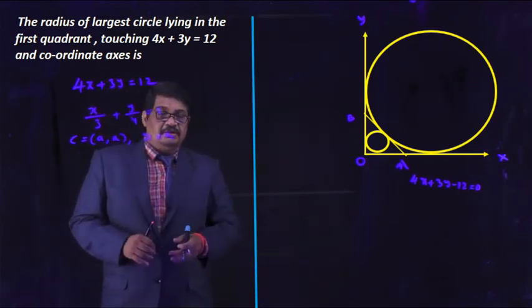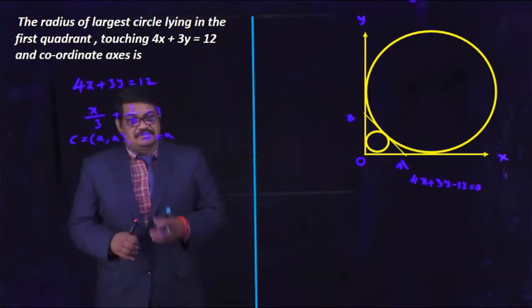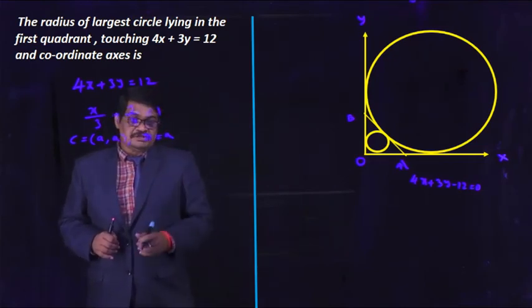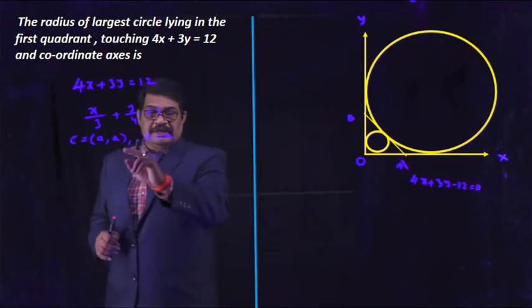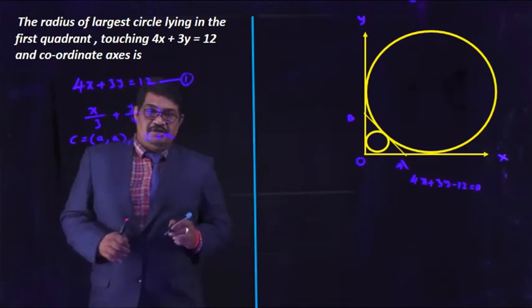Since the required circles touch both the coordinate axes, the center is (a, a) and r is also a. Say this is equation 1.